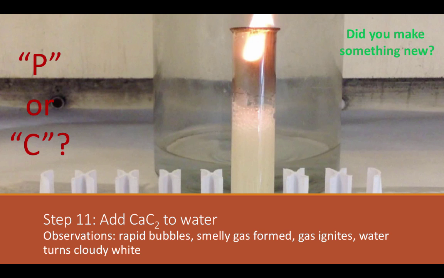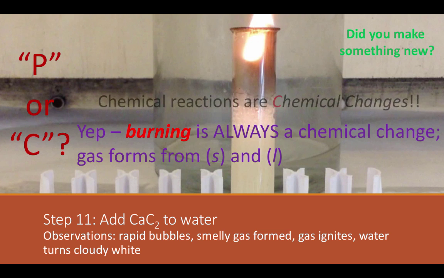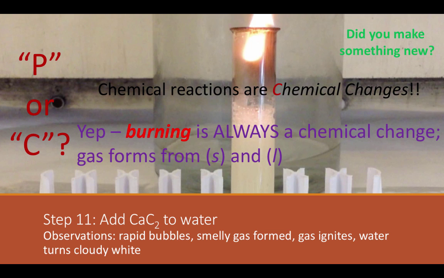So there's a color change. There was definitely a temperature change because you could ignite the gas. And you added a solid to a liquid and produced a gas. So there was a new phase produced. You have all three indicators of a chemical reaction. Therefore, it's very reasonable to assume that this is a chemical change. Also remember that burning is always a chemical change.